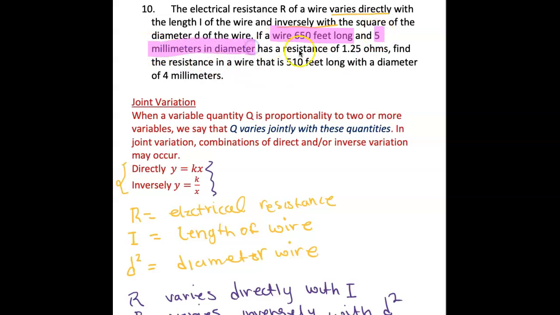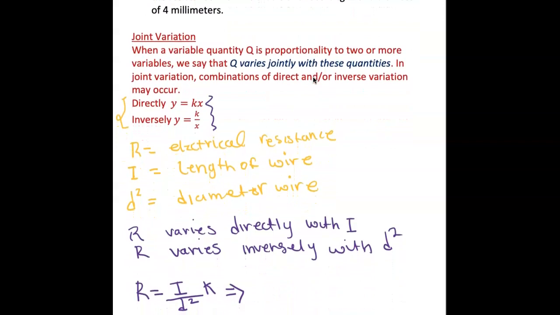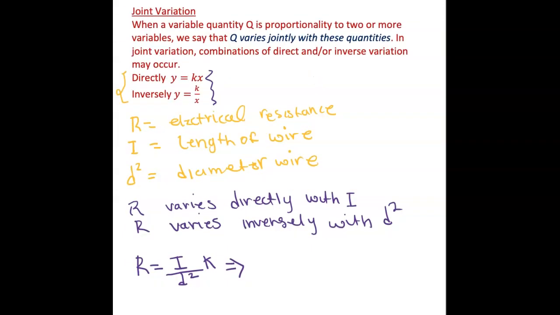That's d squared. And has a resistance of 1.25 ohms. That's the R. So I'm going to substitute those values in here. So I have 1.25 equals 650 over 5 squared times k.